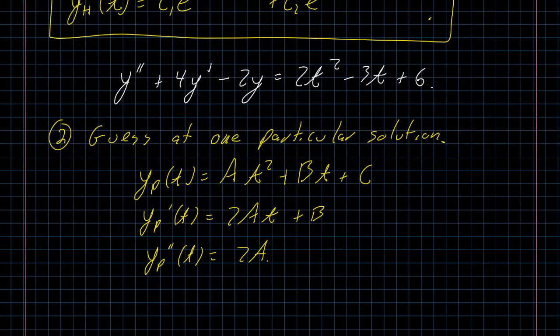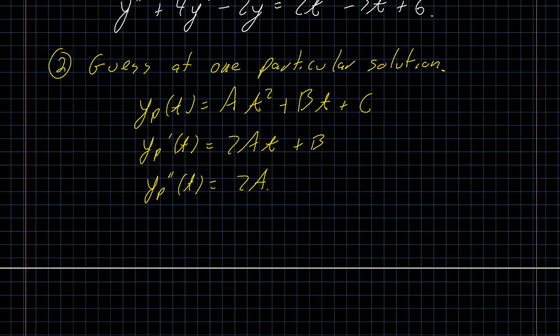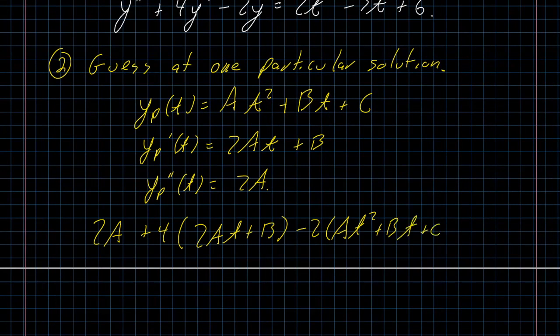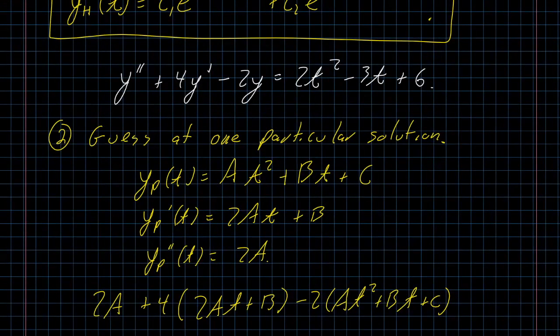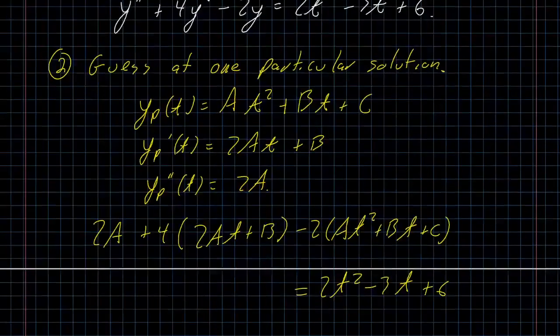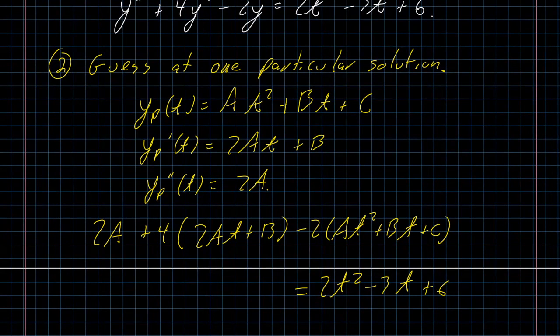And if I substitute those into the differential equation, I will have 2a plus 4 times 2at plus b minus 2 times at squared plus bt plus c is equal to the right-hand side, 2t squared minus 3t plus 6. Slightly off the screen, so let me scroll up, make sure I got that right. 2t squared minus 3t plus 6. Okay, we're in business.